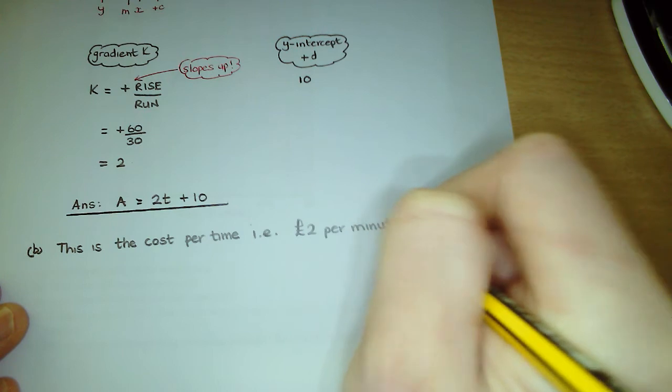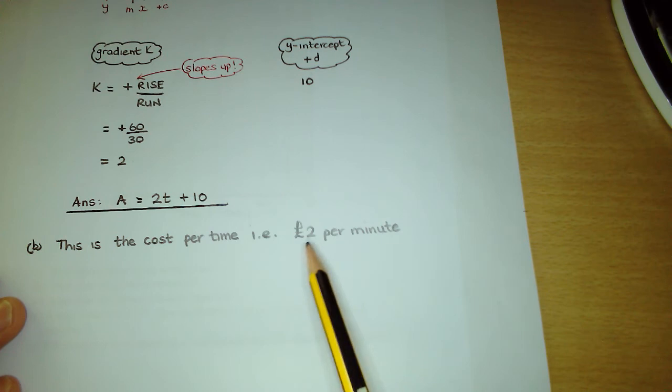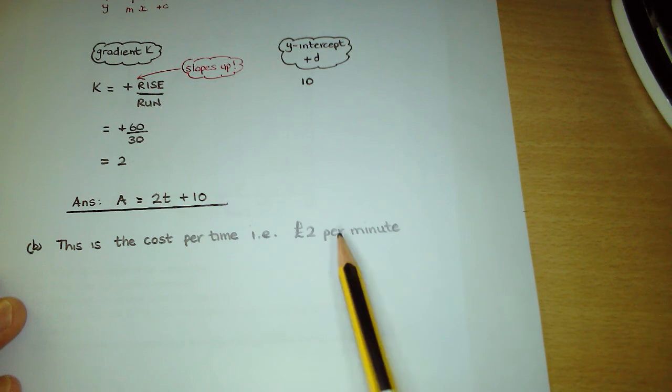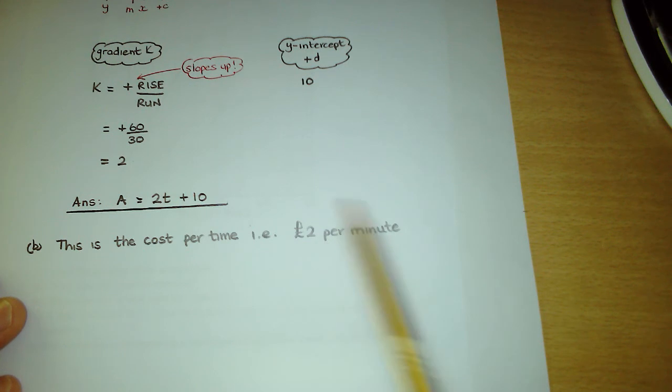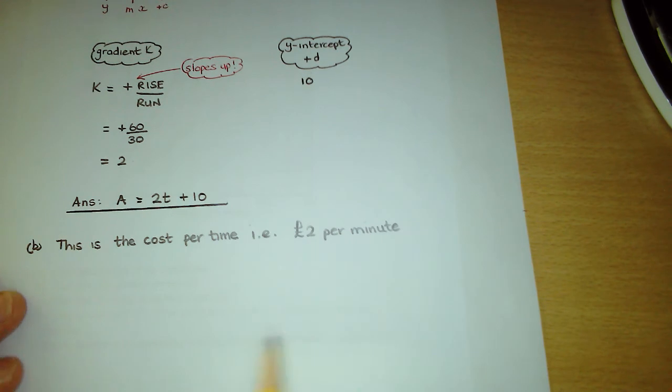Because the time is in minutes and the cost is in pounds. So that's the meaning of the gradient. It is the cost per time, the cost is in pounds, and the time is in minutes. So it's £2 per minute. Okay. So every minute spent on repairing the washing machine, it will cost the person £2. Okay, the cost per time.